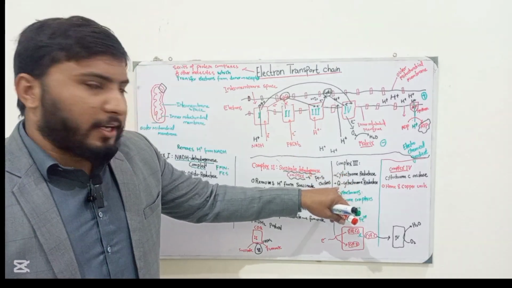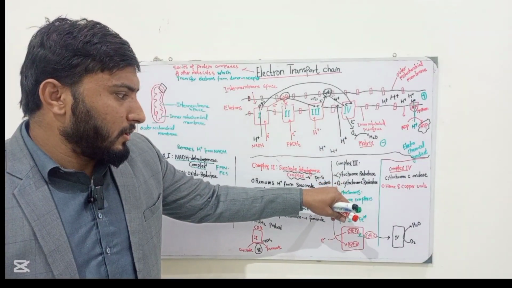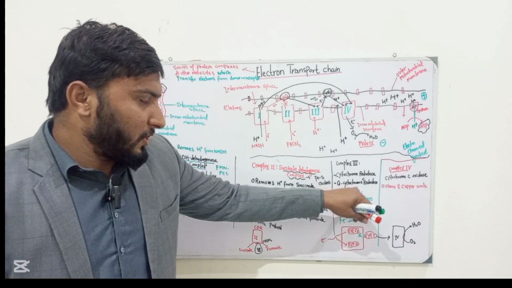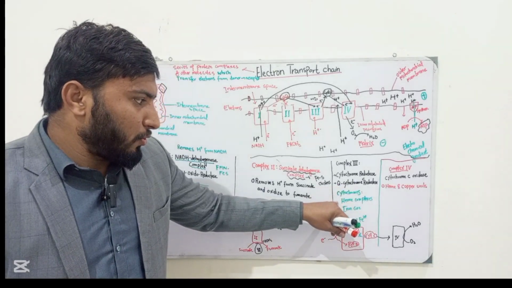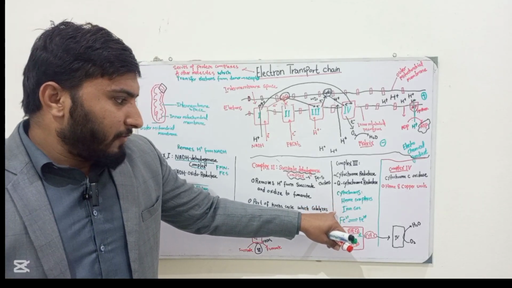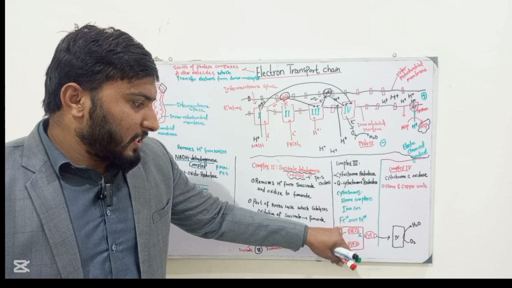Then complex 3. Complex 3 is called cytochrome reductase. It is also called Q cytochrome C reductase. Cytochromes are basically heme complexes which contain an iron core, and they are present in oxidized and reduced form.